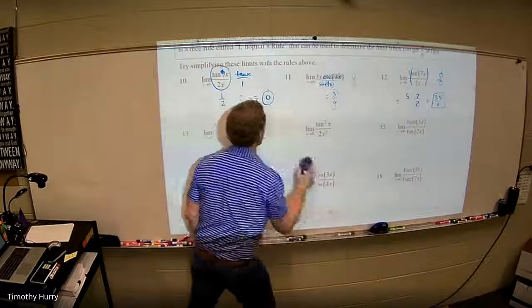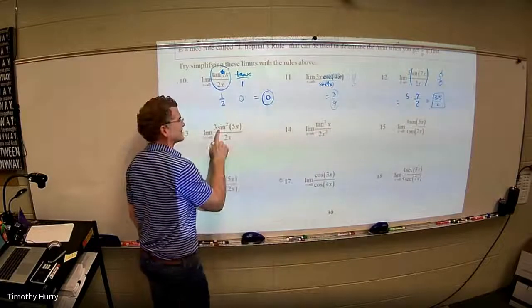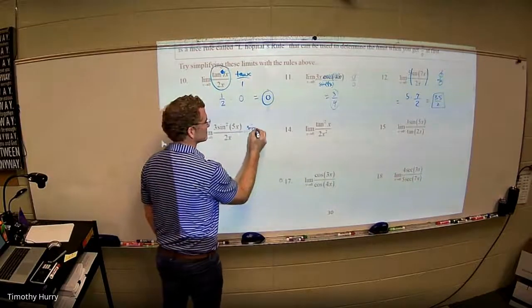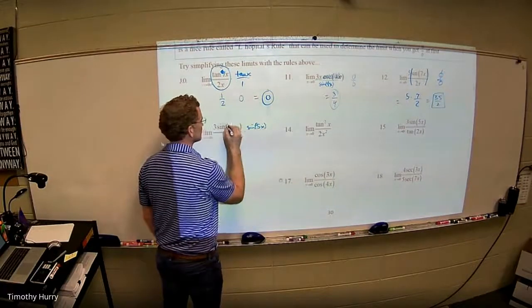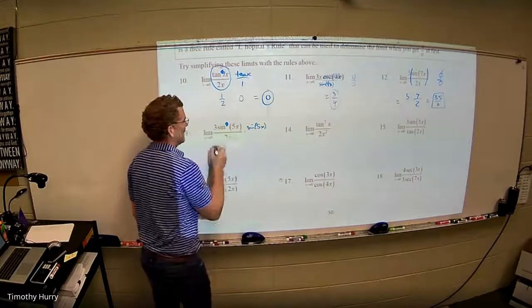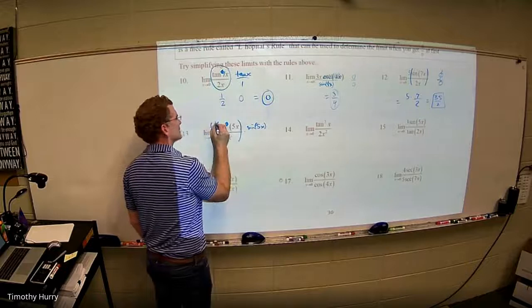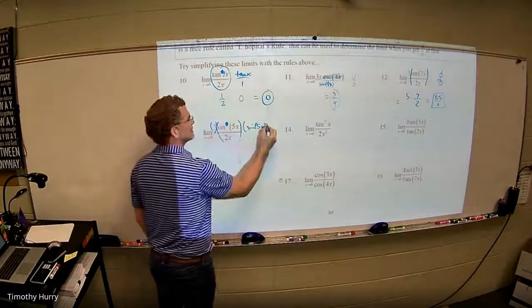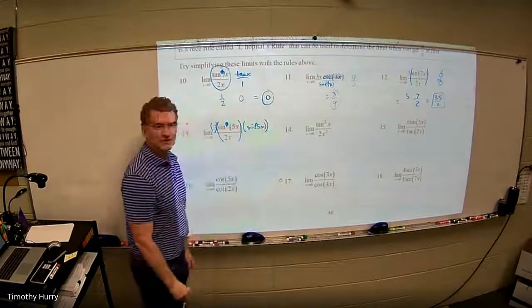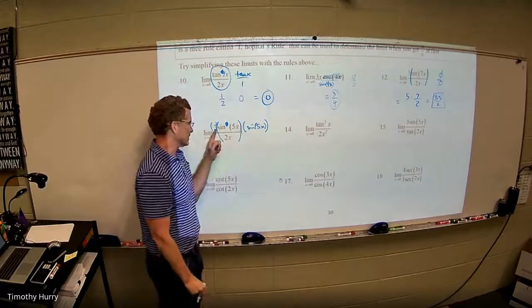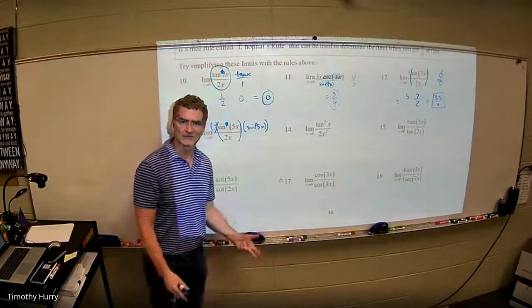So here's what I'm going to do. I'm going to write that sine of 5x twice. Okay? And now I have the sine of 5x over 2x times a 3 times a sine x over 5x. Now, when I plug a 0 into 3, which I can't, do I get 0 over 0?